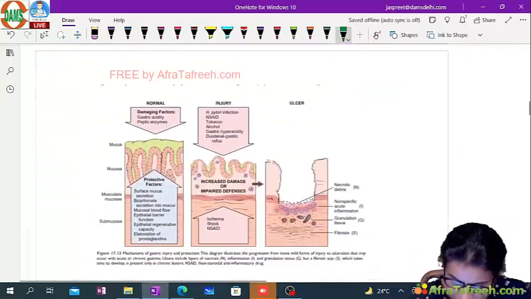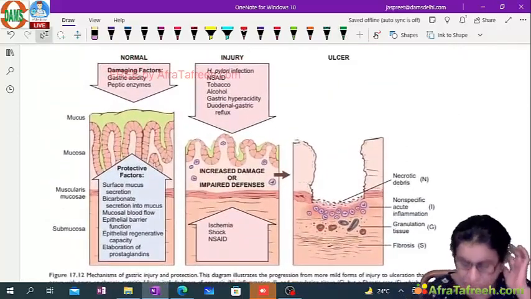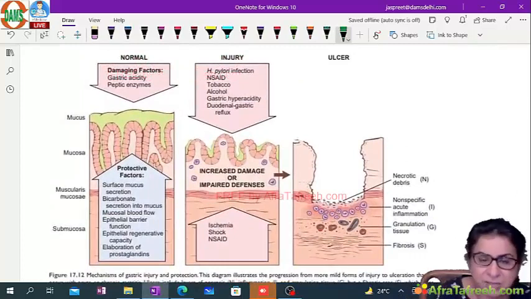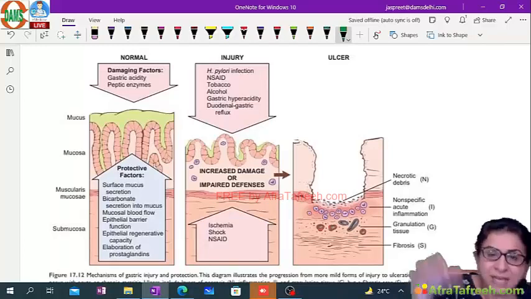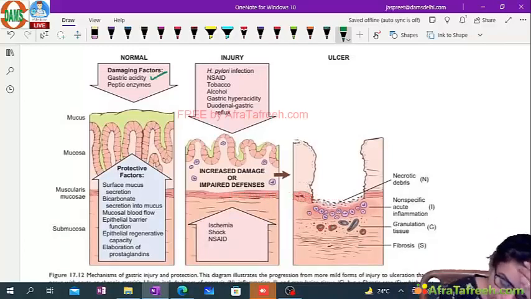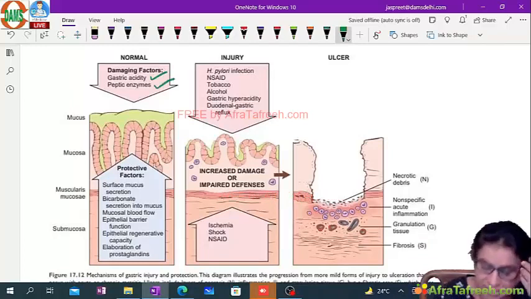Okay. Now let us come to peptic ulcer. Again, the same figure which we saw, the normal defense mechanisms in the stomach. I am showing it again because this is important. Forces that damage the gastric mucosa are gastric acidity, that is HCl, and peptic enzymes.